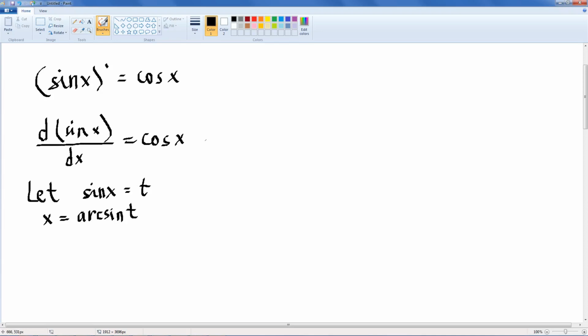So another way to write cosine x, as you probably know, is that cosine x is equal to the square root of 1 minus sine x squared, right? Because sine x squared plus cosine x squared is equal to 1. So this is just another way to write it. And from this, we're actually going to be able to replace everything with t.